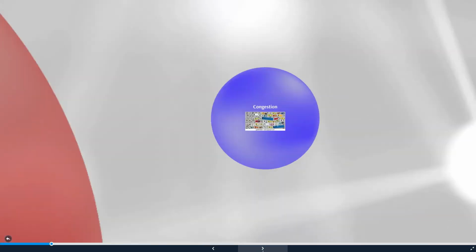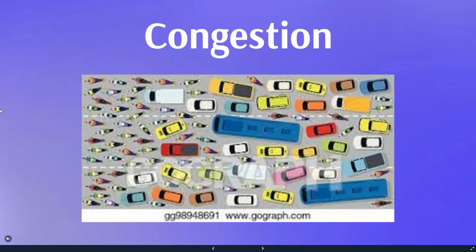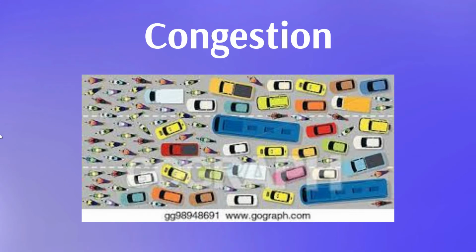The last thing I'll be talking about before I go on to my partner is going to be congestion. And congestion is basically what happens when there's more data going through the network than what can be handled.